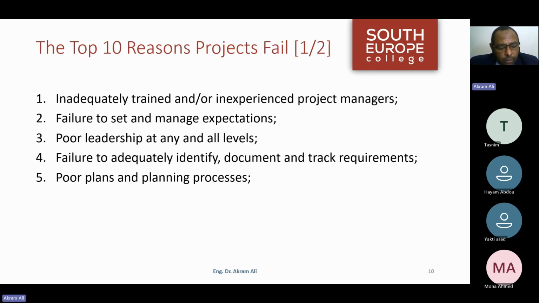So let's examine 10 reasons why projects fail. So we have inadequately trained or inexperienced project managers. So number one reason for project failure is not having a competent project manager, or not having a project manager at all.